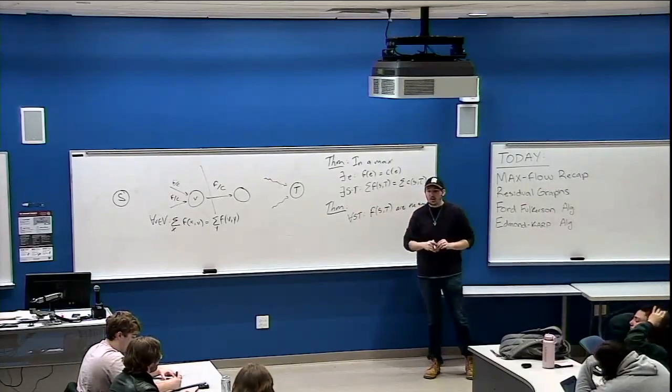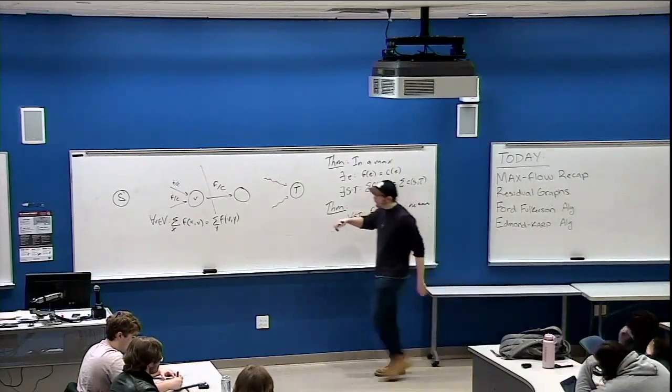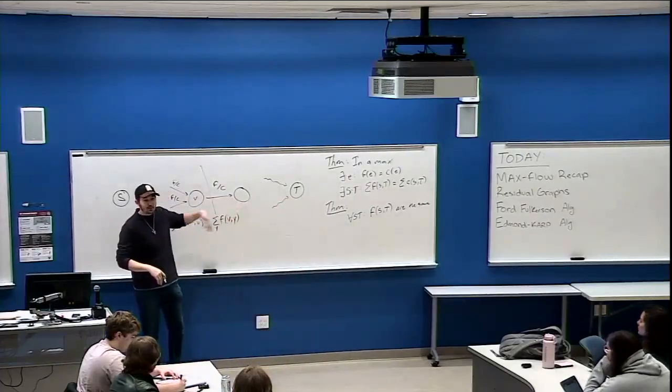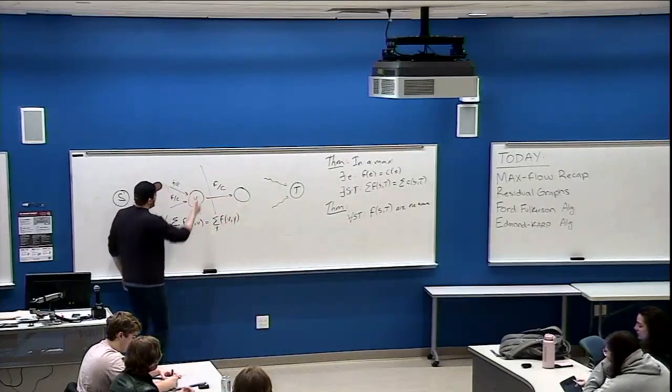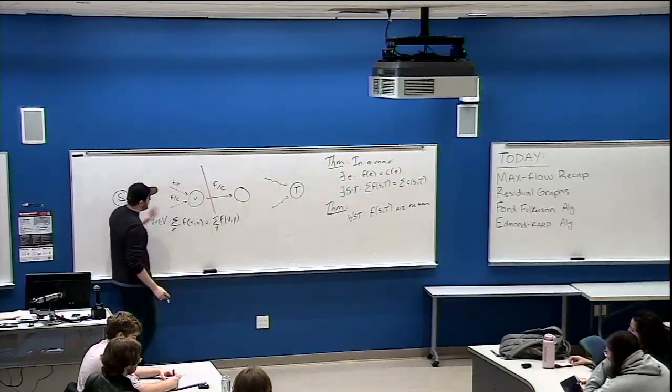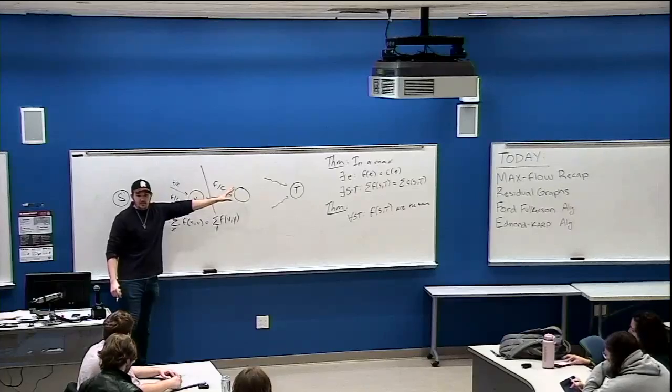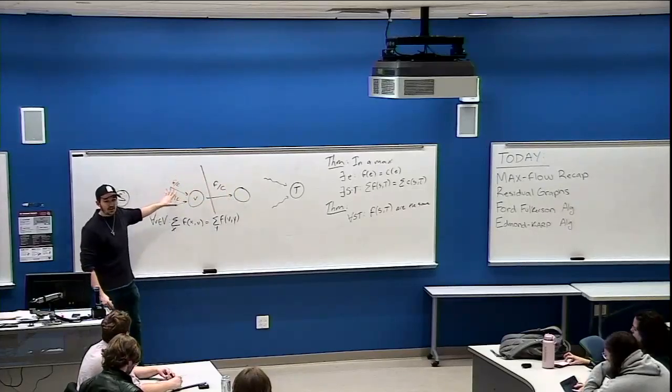The reason that this happens, you can prove this differently than I'm going to explain, but I'll explain the intuition. Anytime I have one of these cuts, if not all of the flow is crossing this cut, then it must be staying in the S side somehow.